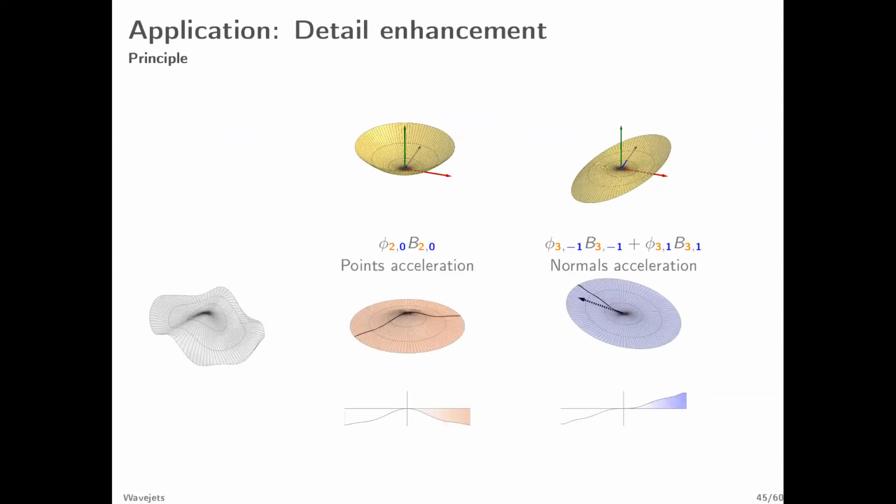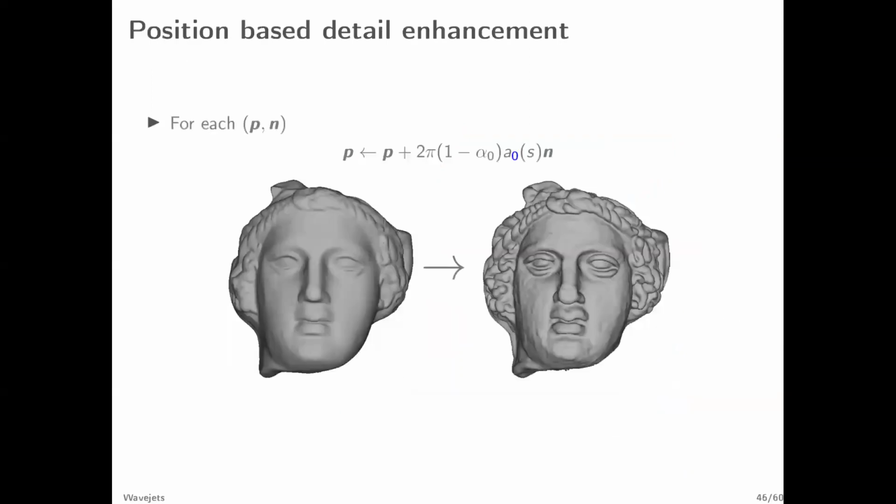The application we did was for detail enhancement. What we try to do is to increase how much the point deviates from the tangent plane, or how much the normal deviates from one point to its neighbor, so as to increase the contrast of the shape.